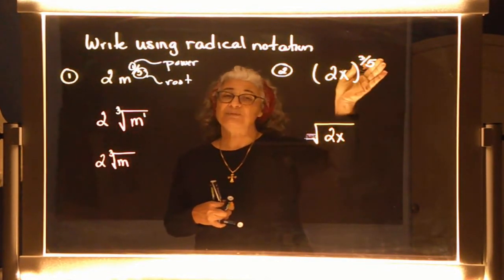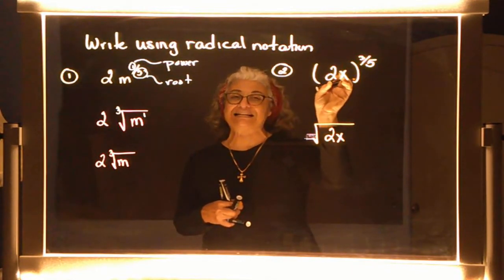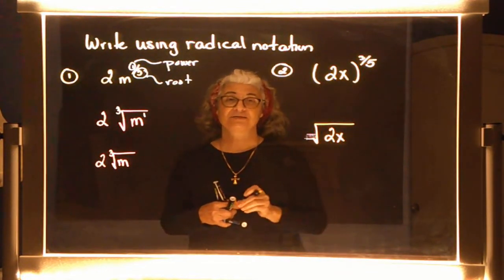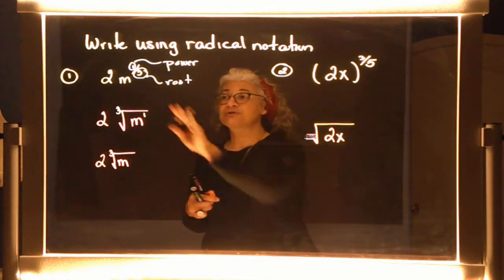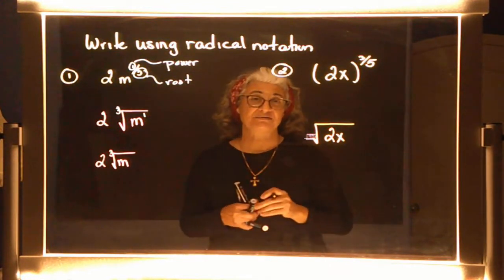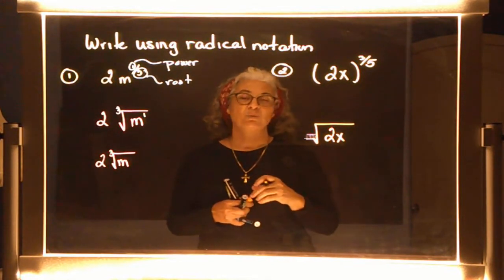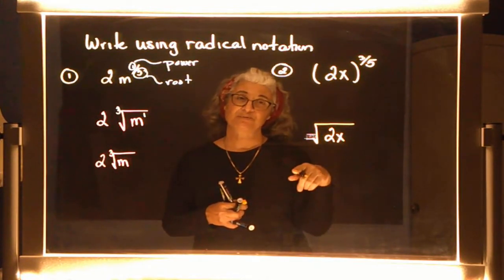And outside the parentheses is the rational exponent. So inside the parentheses is your base. My base is a 2x. Whereas over here, just the m had the rational exponent, so just the m was your base. Good? Okay, now, what does the 3 represent? The power. What does the 5 represent?